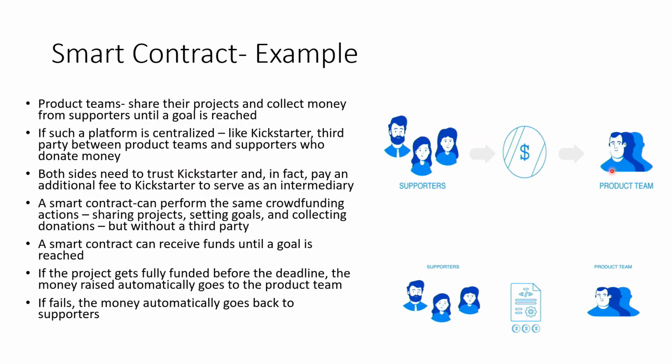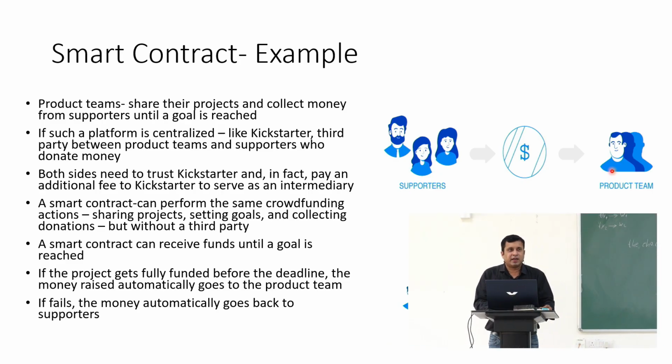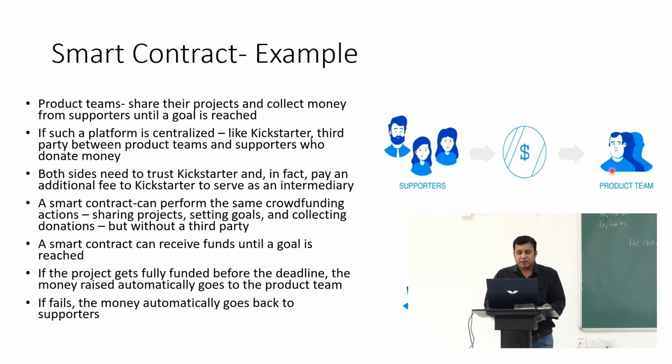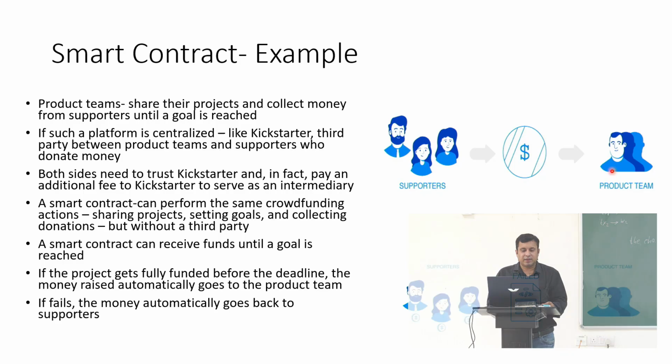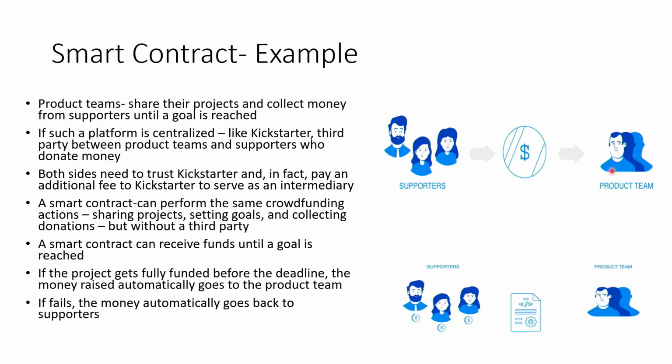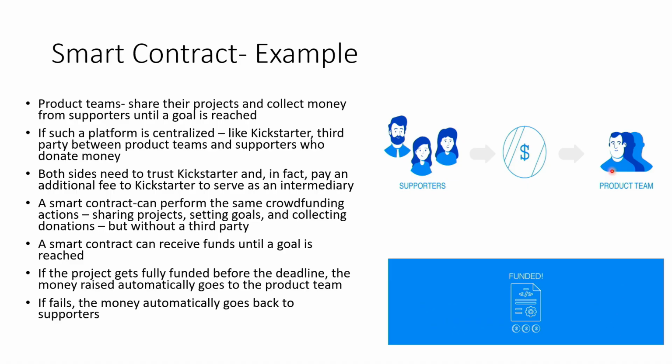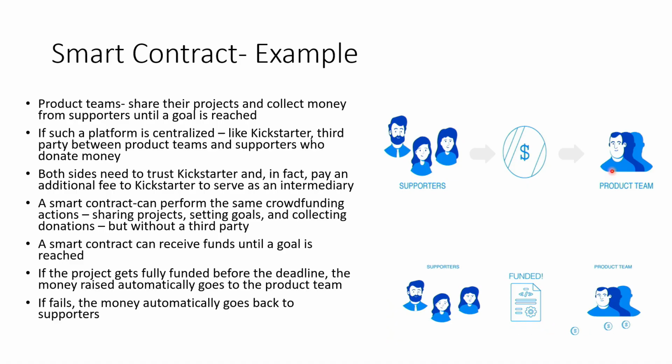So this is one example of a smart contract, showing how it can help in the real world. Consider a product team sharing a project. To execute the project, they require money from supporters, and they collect the money until the goal is reached. In that case, obviously the supporter will not pay the product team directly.